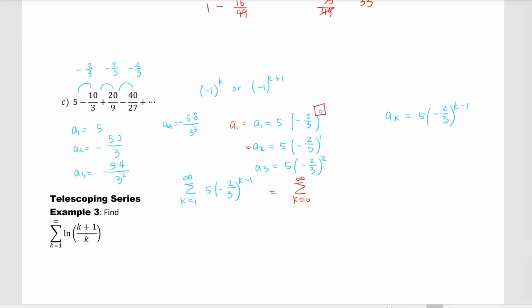And this is A1, it matches with the 1. So in this case, we have 5 times negative 2 over 3 to the k. It really depends on whether your index starts with 1 or starts with 0, then the first term is A0.